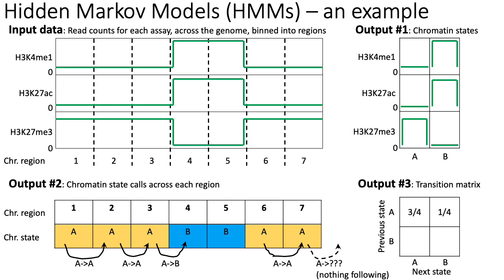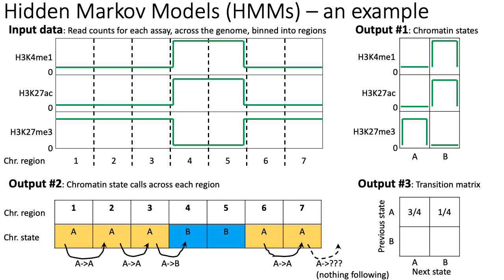Let's walk through a hypothetical example of how you would fill out this transition matrix table. In this hypothetical genome, the HMM called the states as AAA, BB, AA.